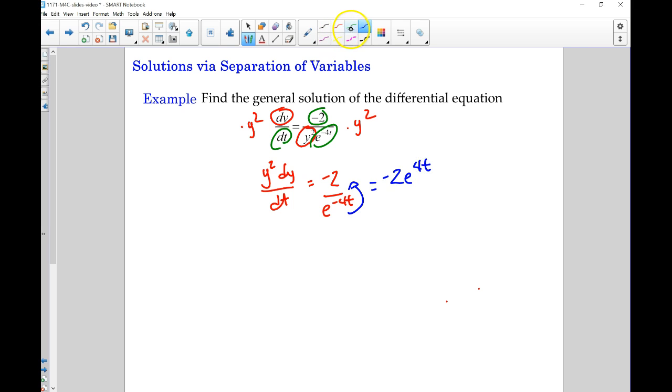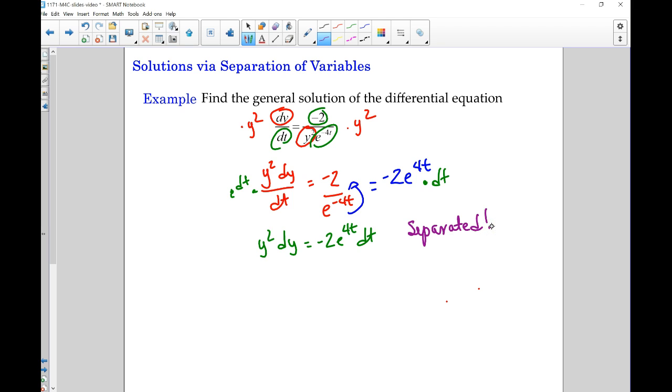Next step, I'm going to multiply by dt to both sides. Then my resulting equation is y squared dy is equal to negative 2 e to the 4t dt. And at this point, we're separated.